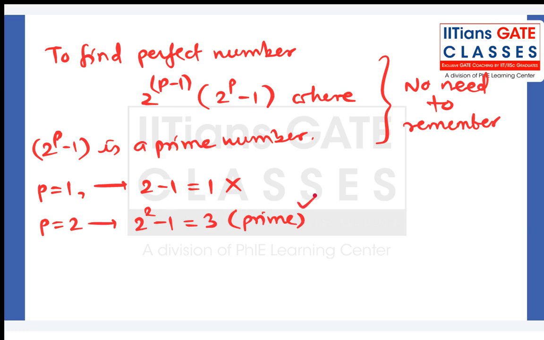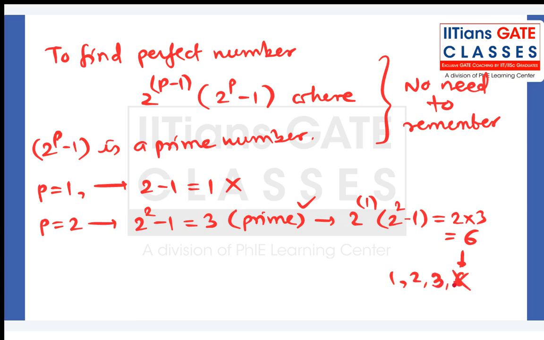So the perfect number will be 2^1 into 2^2 minus 1, that is 2 into 3, which is 6. So 6 is a perfect number. You can verify that. The divisors of 6 are 1, 2, 3 and 6. You exclude 6 itself. So 1 plus 2 plus 3 is 6.